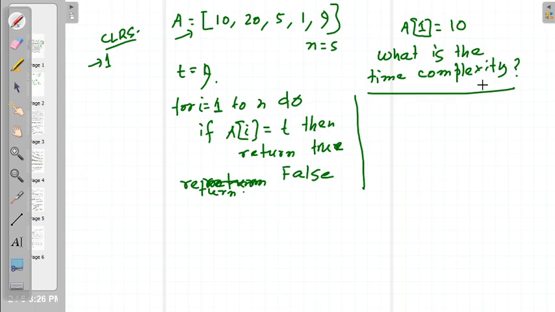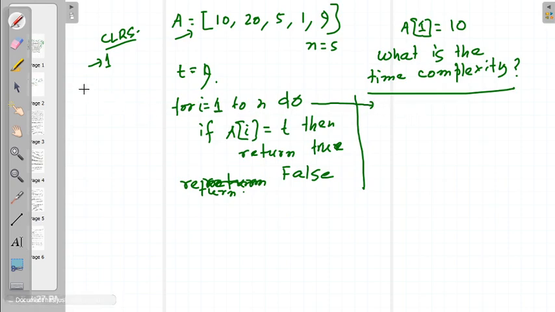We can have some kind of detailed analysis, which we basically do not do whenever we analyze time complexity. But at the beginning, if we do that, it might be easier for us to understand what's going on. So line by line, I can take each line and see how many times it is being executed.